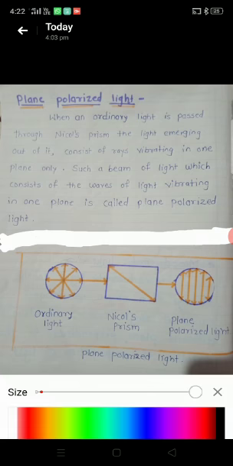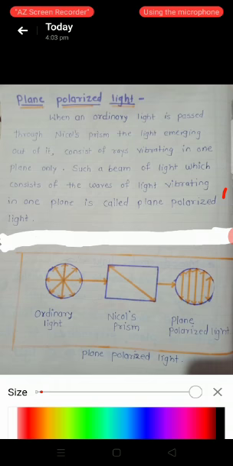When an ordinary light is passed through Nichols prism. What is Nichols prism? The Nichols prism means a prism made up of calcite crystals, CaCO3. It is actually a combination of two prisms fused base to base by a Canada balsam. This is a Nichols prism.